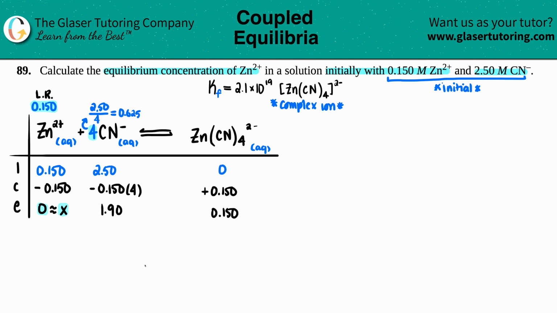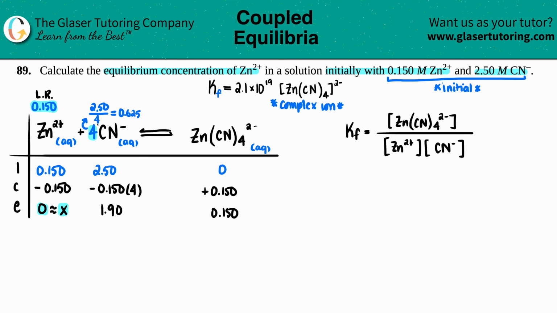And let's now just do the math, right? So we have a Kf equals concentration of products divided by reactants. So it's going to be the concentration of the Zn(CN)4 2- divided by the 2 reactants, right? The Zn2+ and then the CN-.